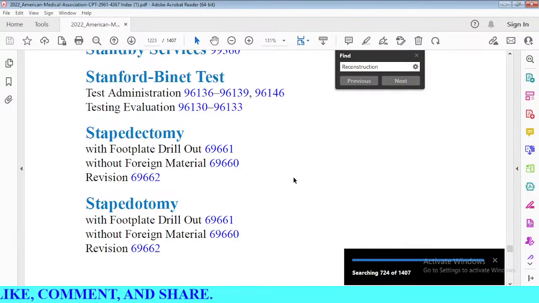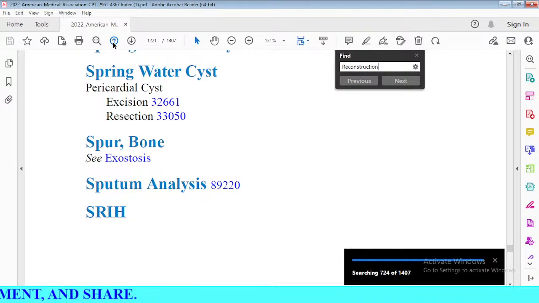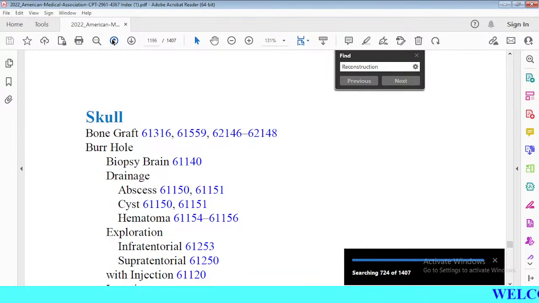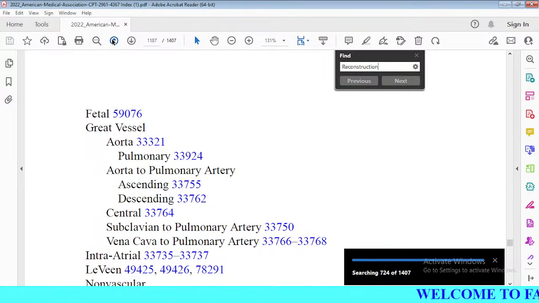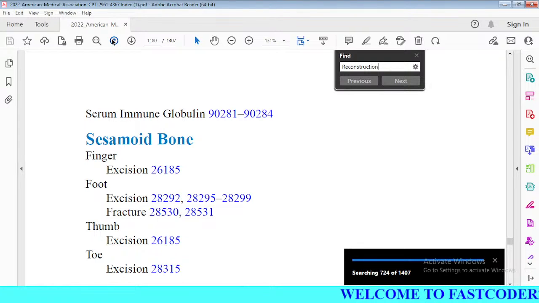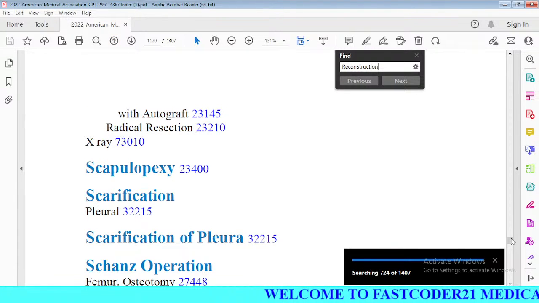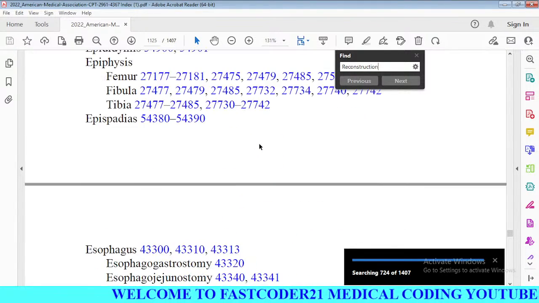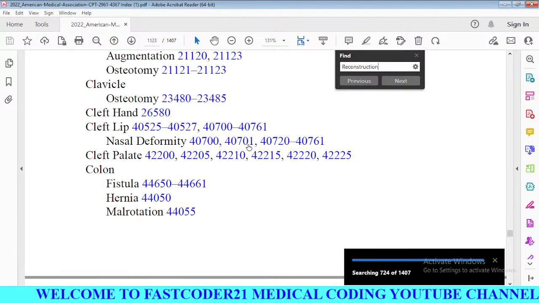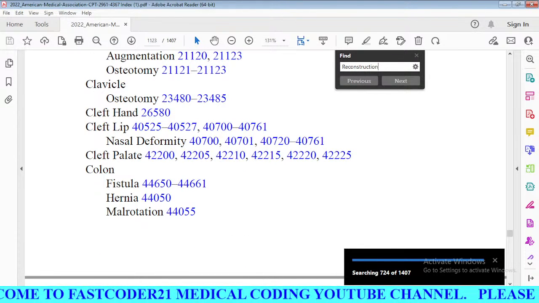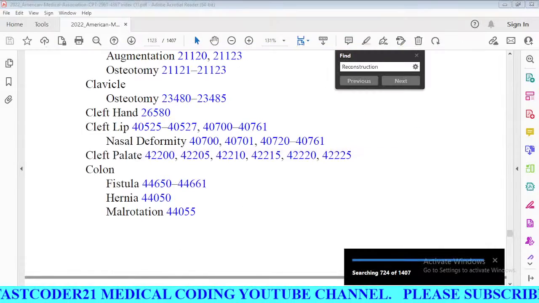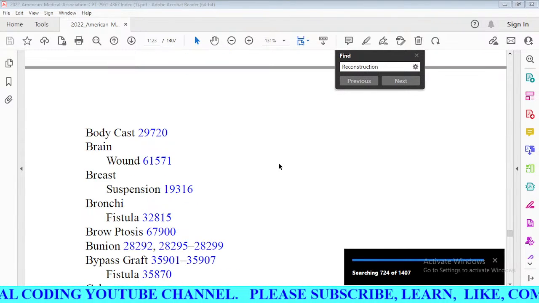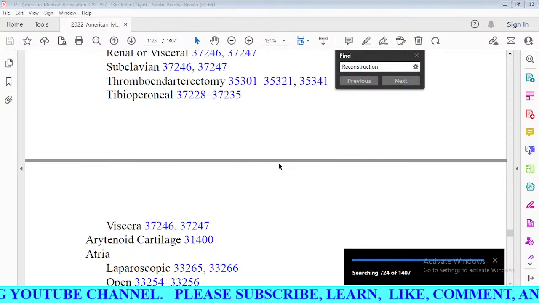This is yes here. So you go to the index, reconstruction and breast with free flap. You need to check that.